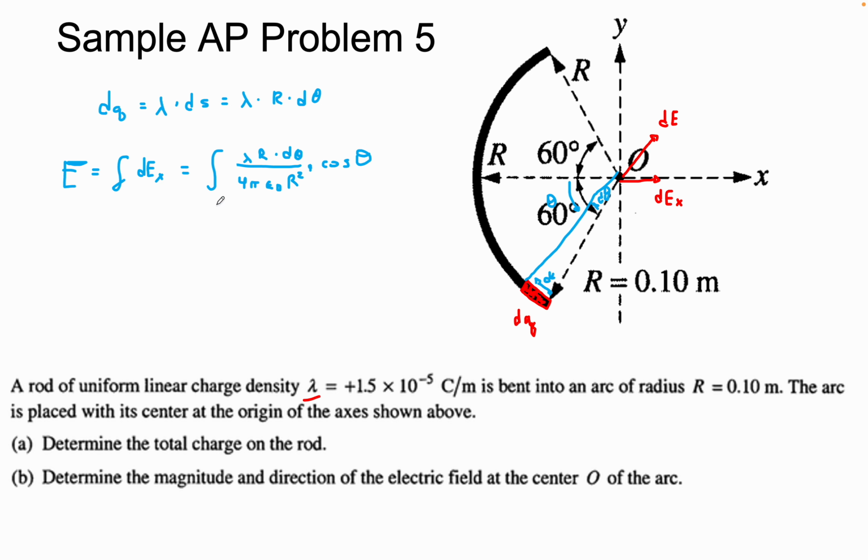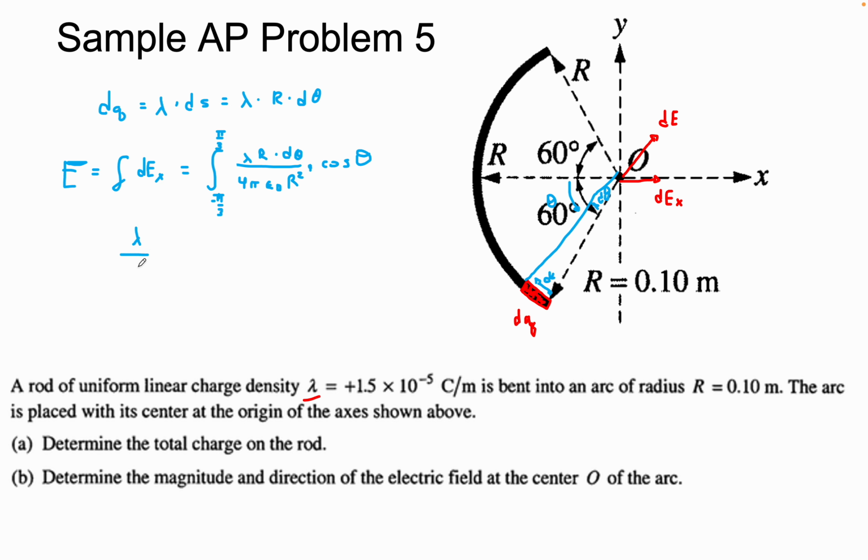Limits of integration, 60 degrees, which is going to be pi over 3. So negative pi over 3 to positive pi over 3. Excuse me for my pi's being so bad. And you can move all the constants outside of that. In this case, one r cancels. We've got a lambda.